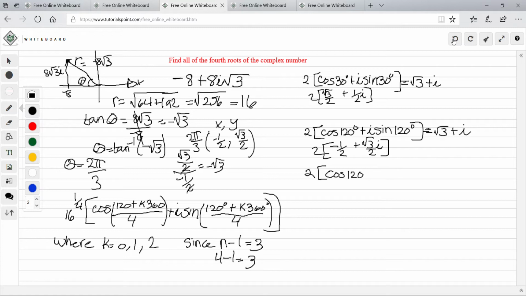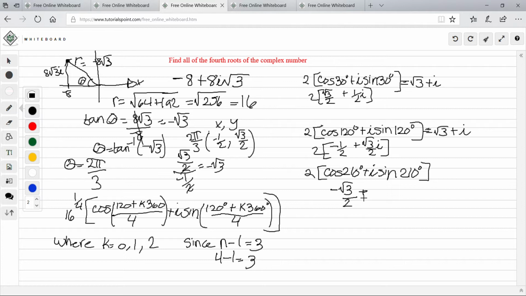If you plug in 2 for k, you get 2 cosine of 210 degrees plus i sine of 210. We know cosine of 210 is negative root 3 over 2, and sine of 210 is negative 1/2.